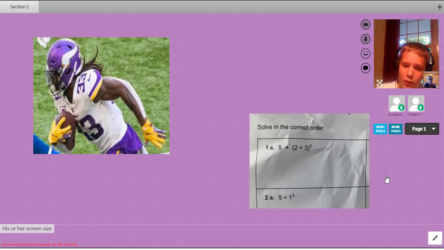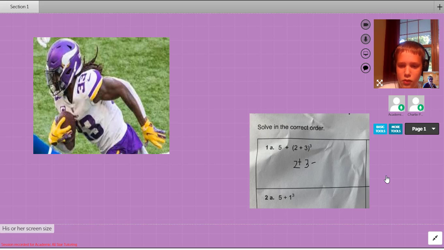The first thing you would do is add the 2 plus the 3 in the parentheses, and then you would bring down the 5 plus, so it'd be 5. Can I just stop you right there for a second, Charlie? Could you write that out? I want to make sure that you have it and so I can see it so you can remember it. So write out what you would do. And I know this isn't always the easiest thing to write, but you're getting the hang of it.